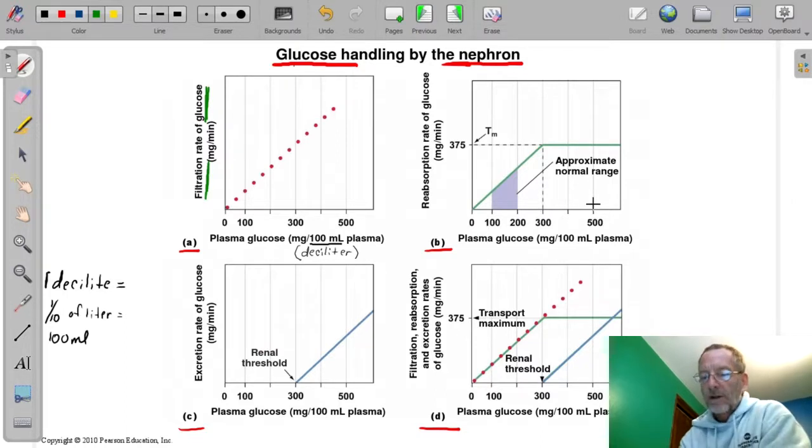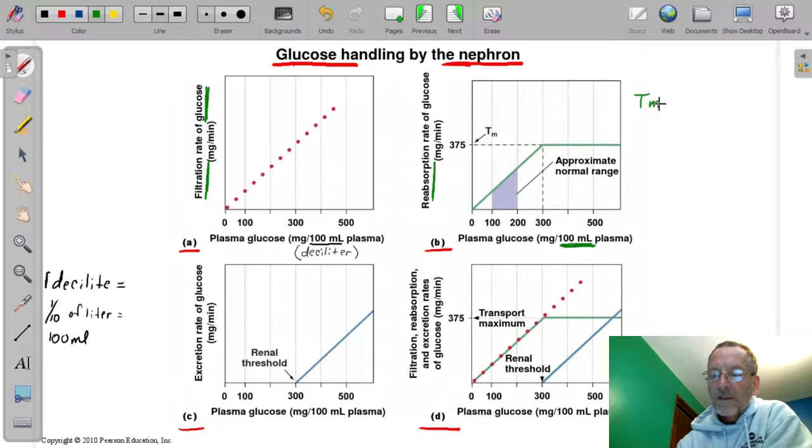So this is the story with glucose. Again, units are milligrams per deciliter in the plasma, and how much of that gets reabsorbed. This is what we were just looking at. There's our Tm. So this is the reabsorption for glucose. And what's the transport maximum for glucose, according to this figure?